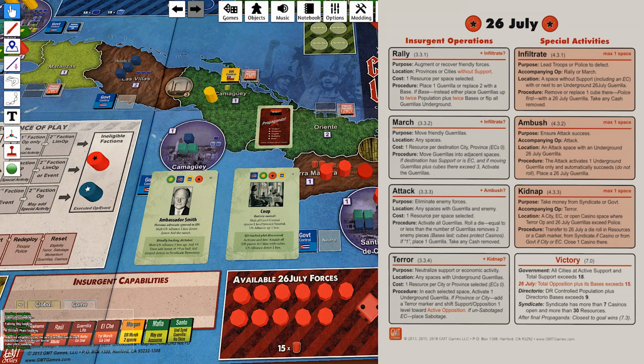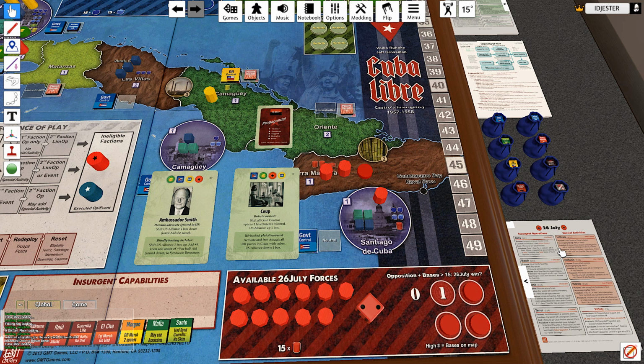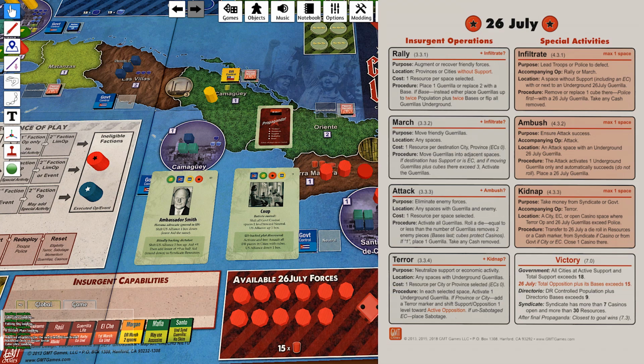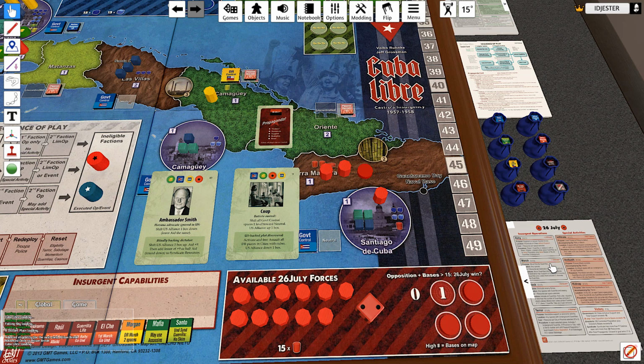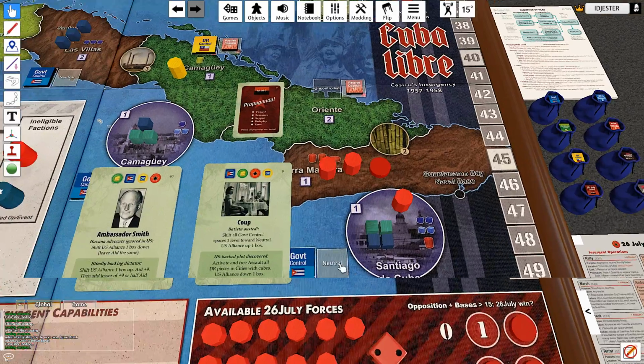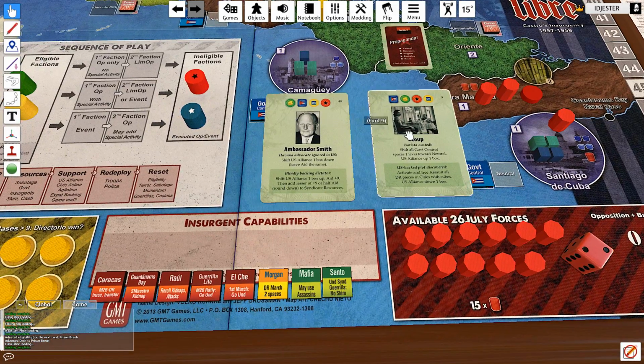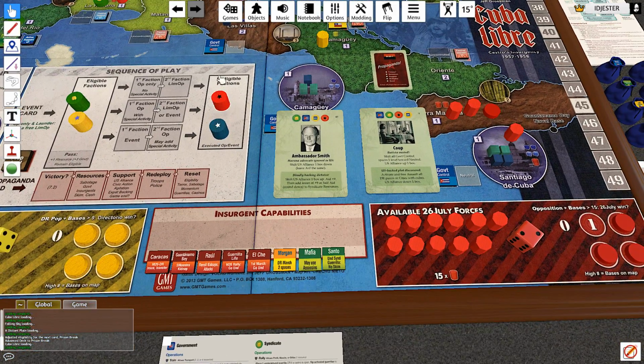But what I really need to do is march and then ambush. Oh, no. What I really need to do is terror and kidnap. Oh, there's so many things you want to do, but you just can't do them all. Oh, I really want to play this event, but oh no, I really want to rally too. And you just can't do everything. And not only that, but you only get to do it half the time because you're inactive for half the cards. Oh, it's so interesting when all these things happen.